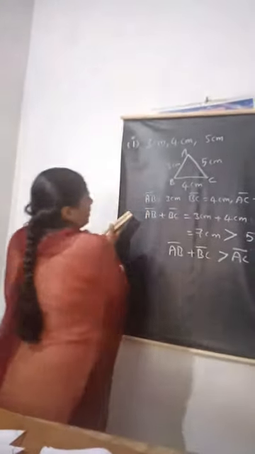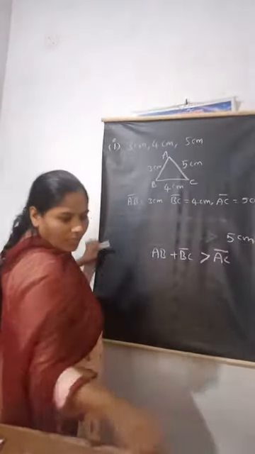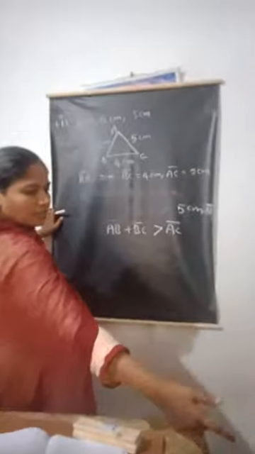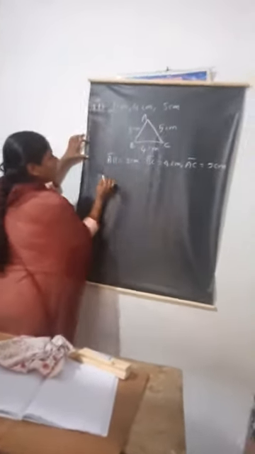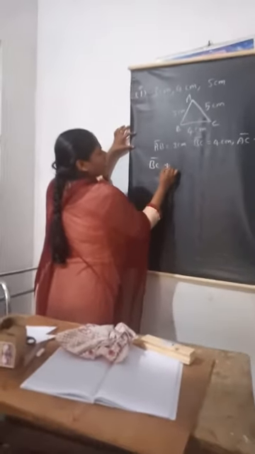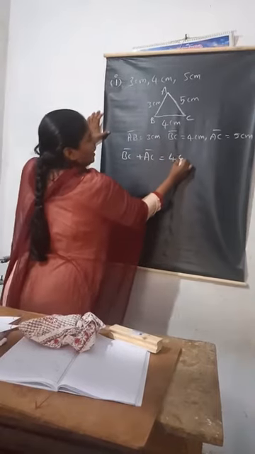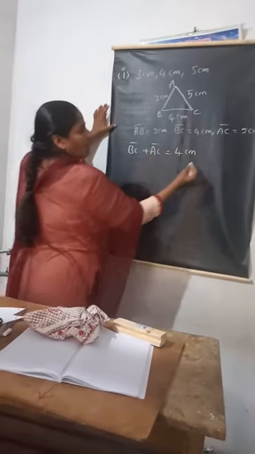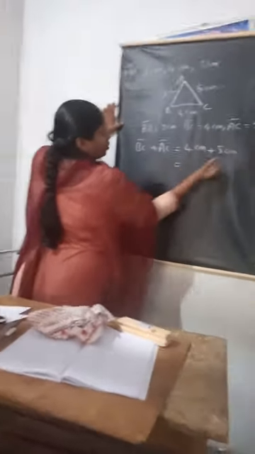Next, another two sides. We add BC plus AC. The measure of BC equals 4 centimeters. The measure of AC equals 5 centimeters. The sum of these two is 9 centimeters.